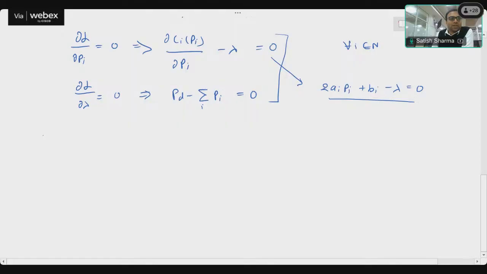So we can write the conditions that lambda equals 2ai Pi plus bi for all i in the set of n, and PD minus summation of Pi equals 0. These equations we will solve and we will get a solution out of it.